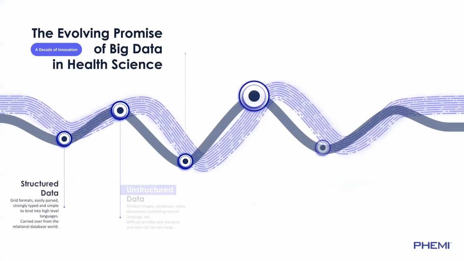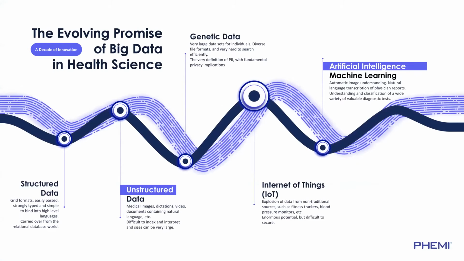So the key challenge here, as we know in health data science, is that we have lots of different kinds of data. People, typically working with a lot of tabular data in health systems coming from EHRs, but there's an awful lot of unstructured data, medical images, dictations, videos, documents, reports.